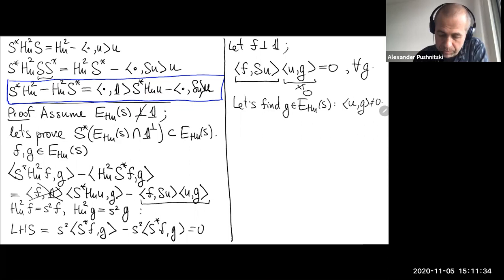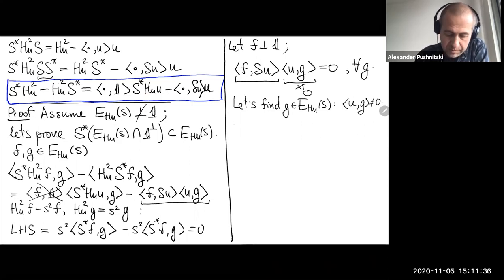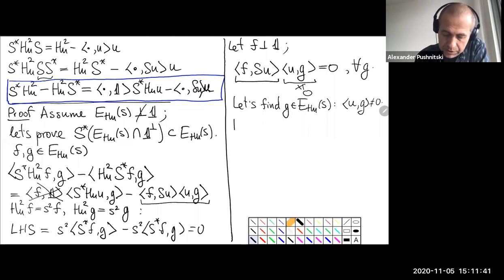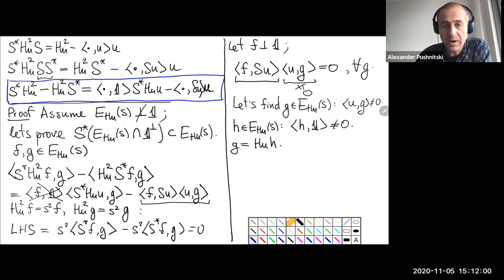Okay, so suppose we've chosen an element which is not orthogonal to 1. So let H be in the Schmidt subspace, with inner product of H and 1 not 0. Let's take for G HU times H. Remember that HU acts on our Schmidt subspace.